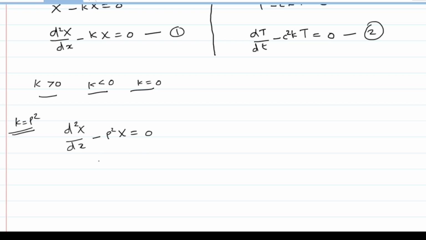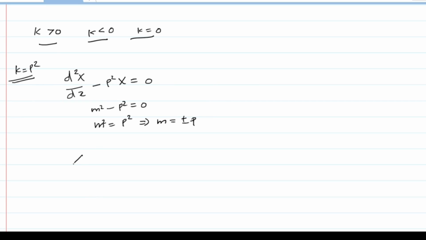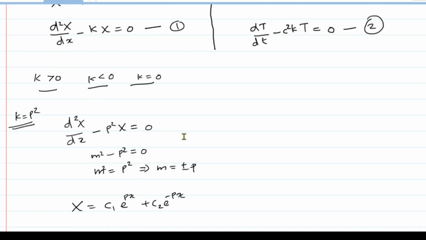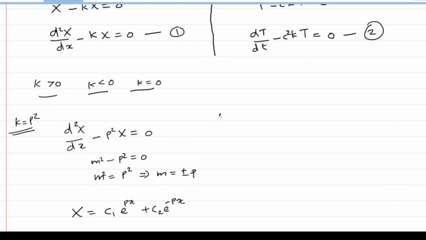That means m square minus p square equal to 0, so m square equals p square, or m is equal to plus or minus p. So what we get is X is equal to c1 e raised to px plus c2 e raised to minus px.